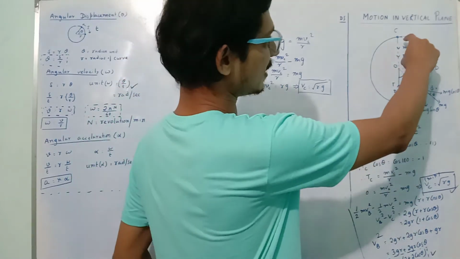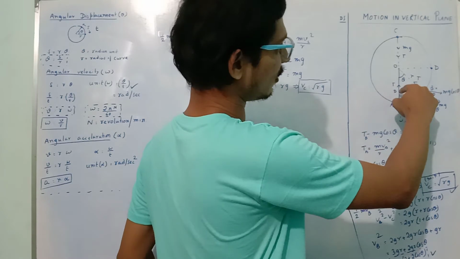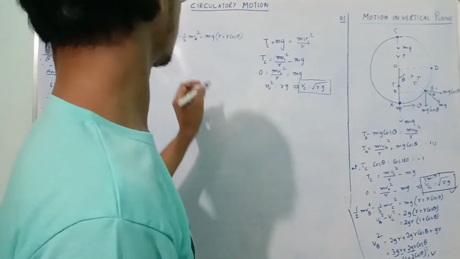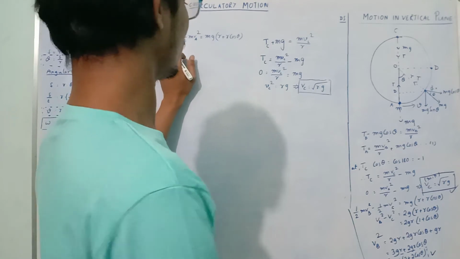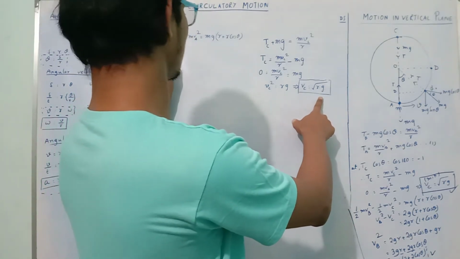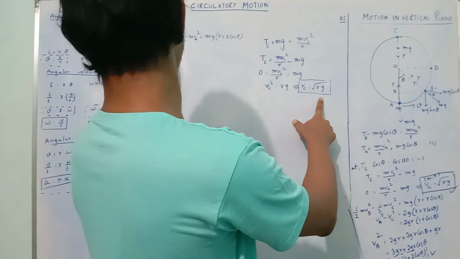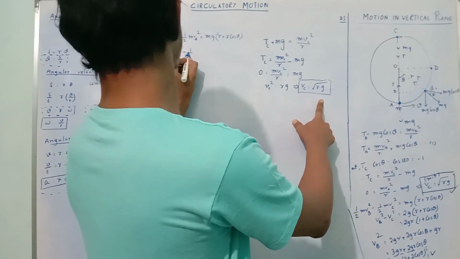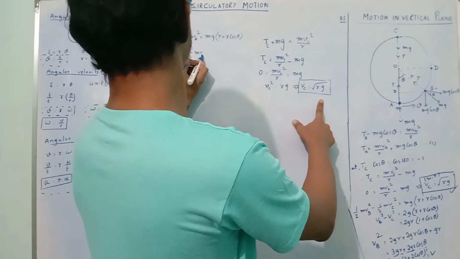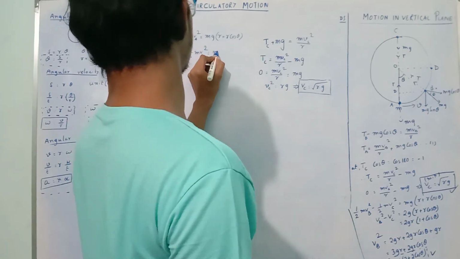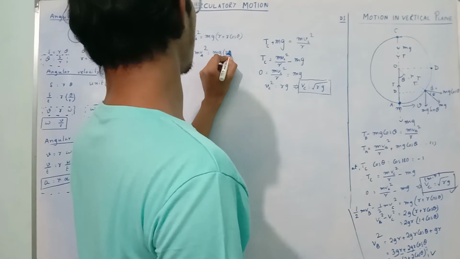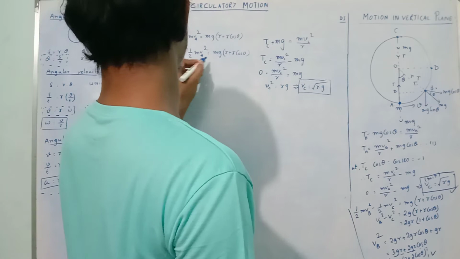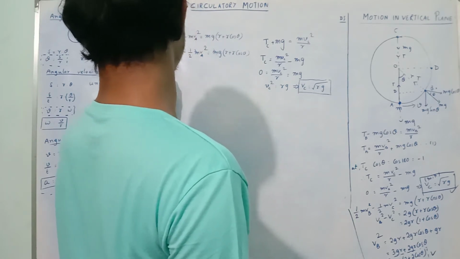So this is your r and this much is your r cos theta. So at C, vc is root over rg. So this becomes half m rg minus half mva square equals mg into r plus r cos theta. So all the m's are cancelled.